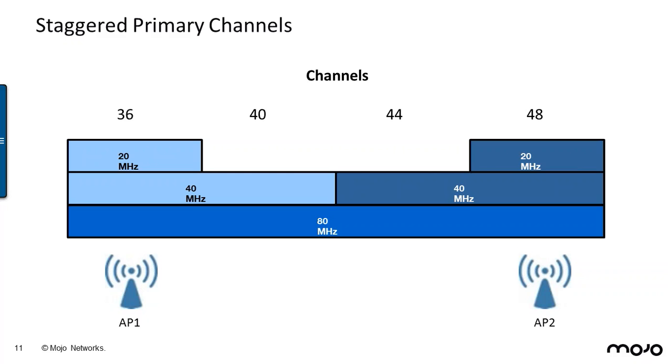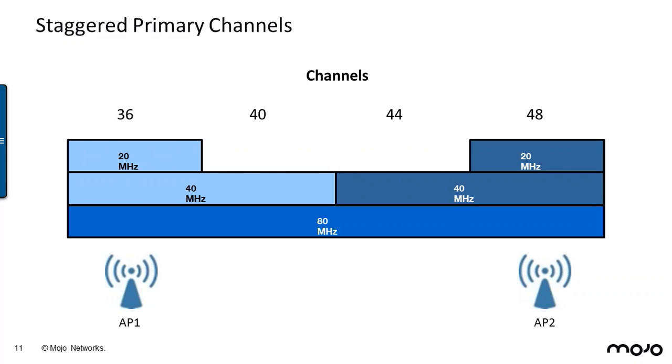The reason we recommend this is because if you have, say, an 80 megahertz channel from channel 36 to 48, which includes 40 and 44, and you have two APs adjacent to one another, they could share that same 80 megahertz channel, and they could share it in a way that is less of a problem and less CCI, co-channel interference, if you stagger the channel.